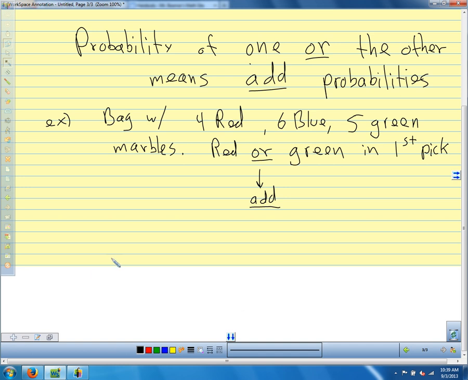So what's our probability of picking a red on our first pick? The favorable is 4. And the total, we add them all together. That's how many we have to pick from. 4 and 6 is 10, and 5 is 15. 4 out of 15.